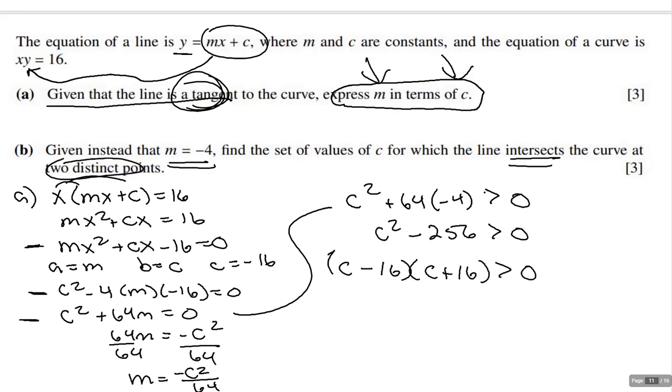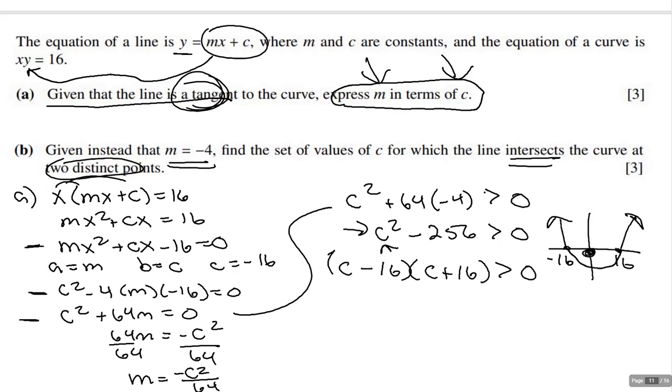Now I can find the x-intercepts. The x-intercepts are 16 and negative 16. Clearly, this opens up because A is positive. What I need to figure out is whether my answers are between these two x-intercepts or outside them. So I take a look at 0 and plug it in, and find out if it's true.